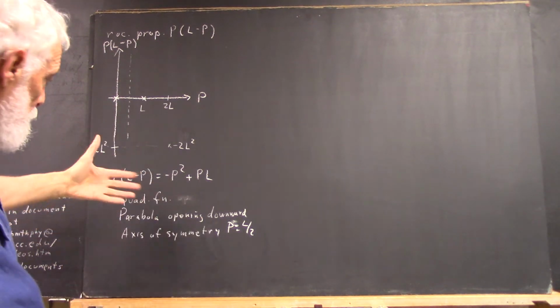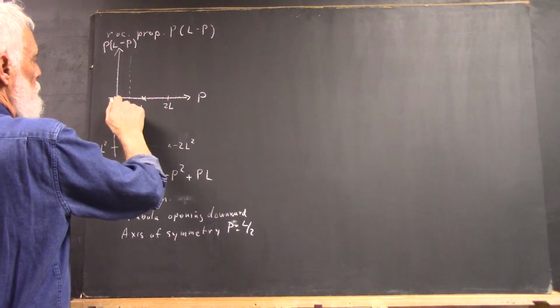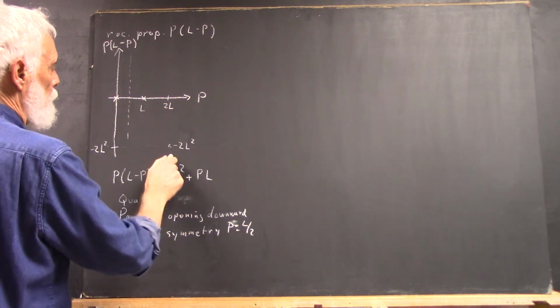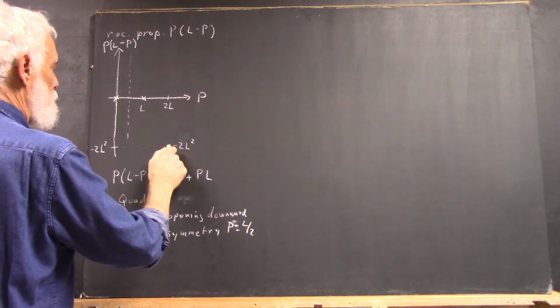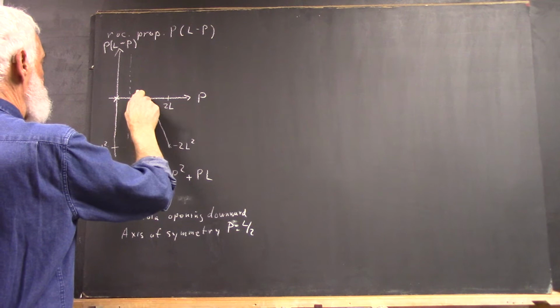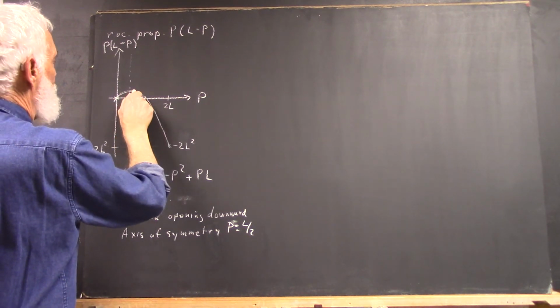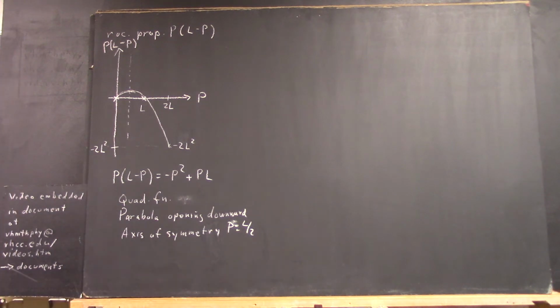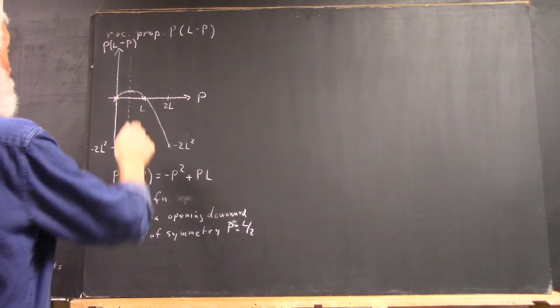But we want to pull out all the characteristics of a quadratic in doing this. So we have to draw a parabola through these points that hits this. Board's being a little stubborn here. Okay? So it's going to look something like this with its vertex here.